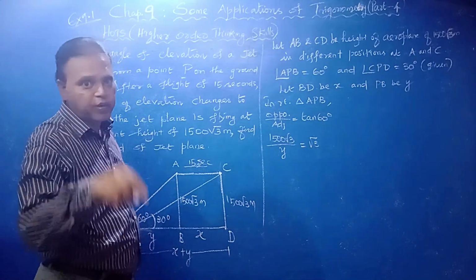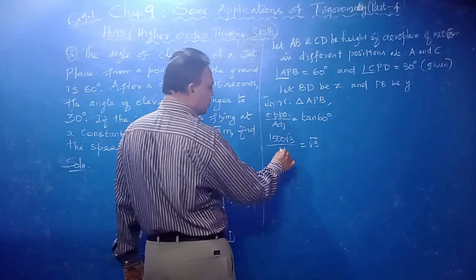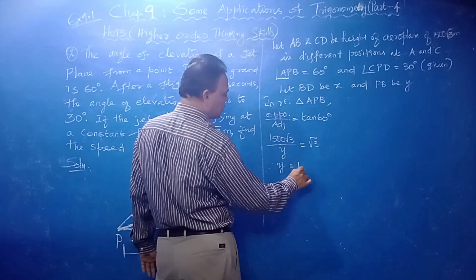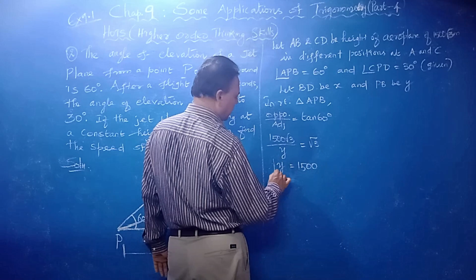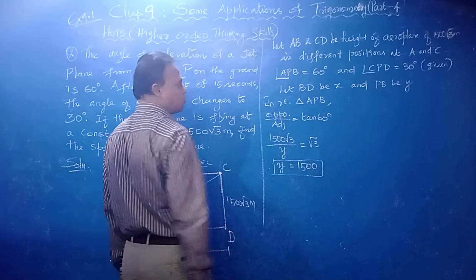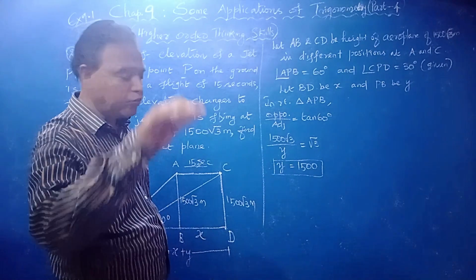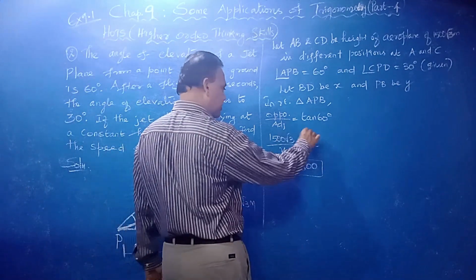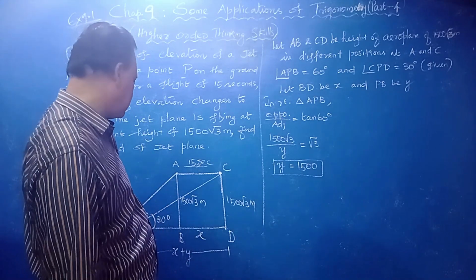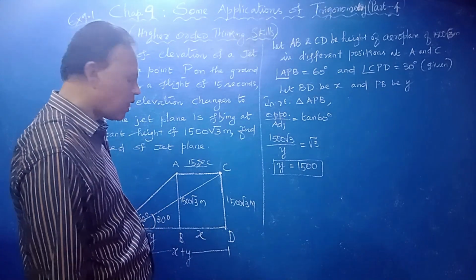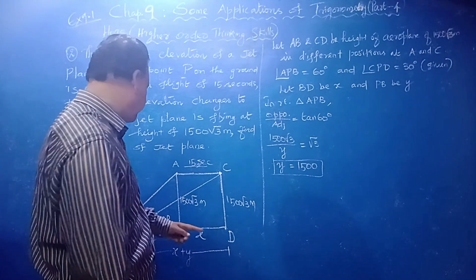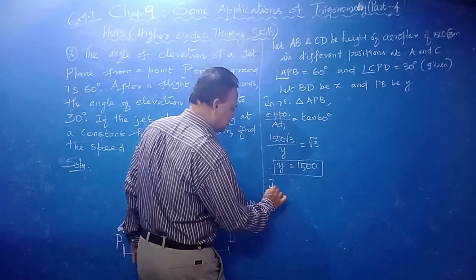Tan 60 is root 3 by 1. Remember. Now cross multiply: root 3 y equals 1500 root 3. Root 3 gets cancelled, so y equals 1500. Understand? Now take the right triangle CPD.